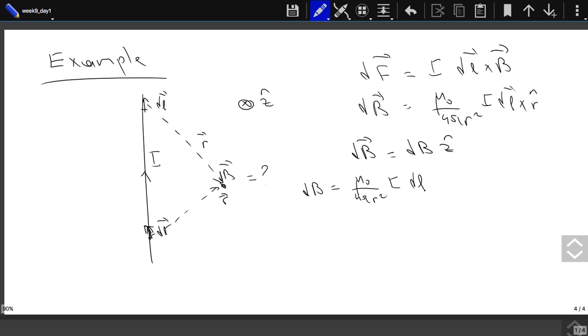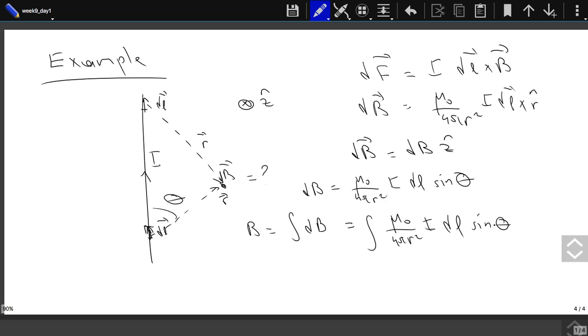Let's just call that angle theta. This angle is theta. So the total magnetic field will be just the sum of all of those. It's just mu 0 over 4 pi r squared, I times dl, sine theta. So this is the magnitude of the total magnetic field.